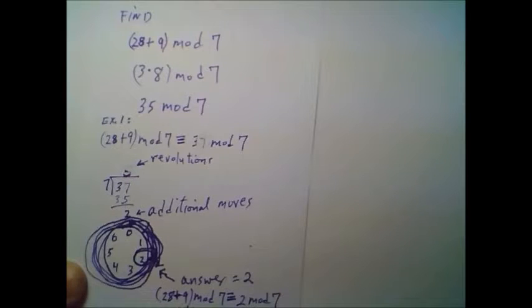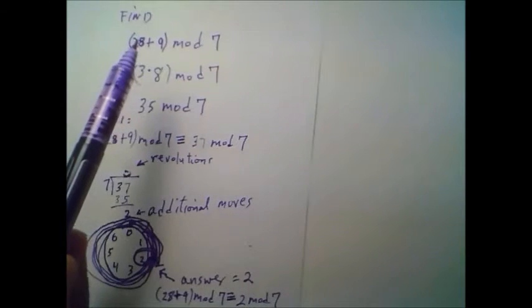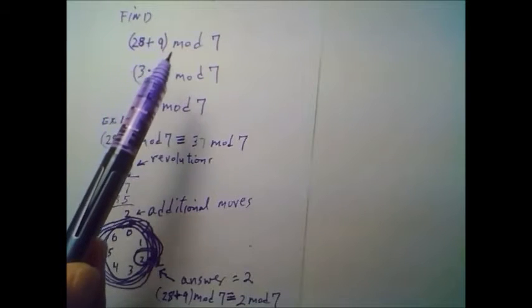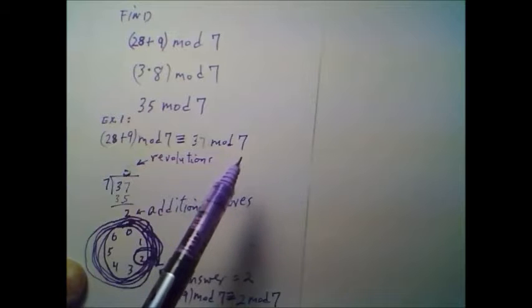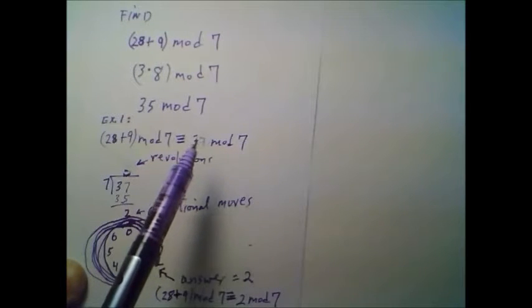That means that 37 is equal to 2 mod 7, which means 28 plus 9 mod 7 is congruent to or identical to 2 mod 7. That's what 37 would be in mod 7. It would only be 2.